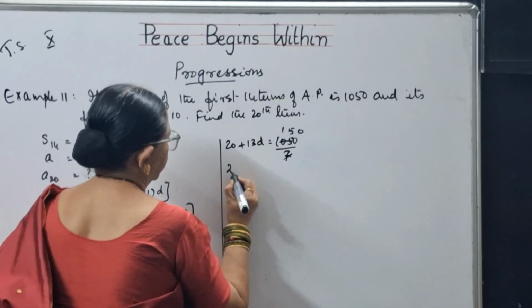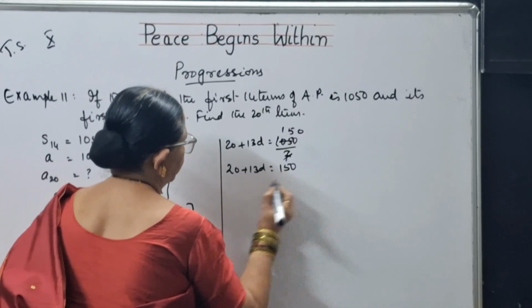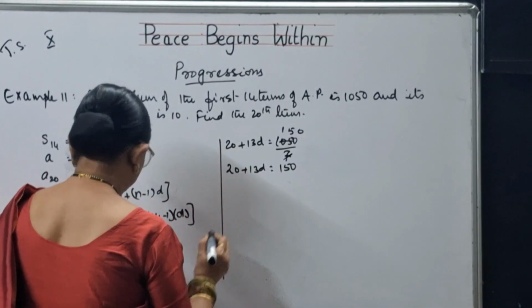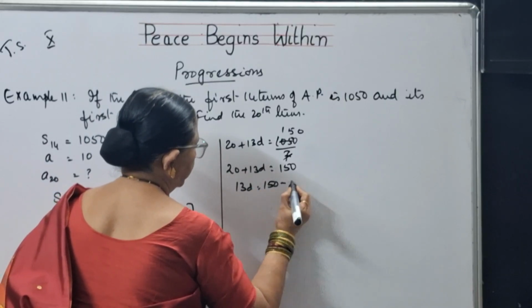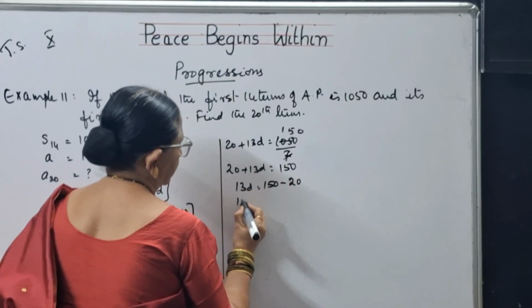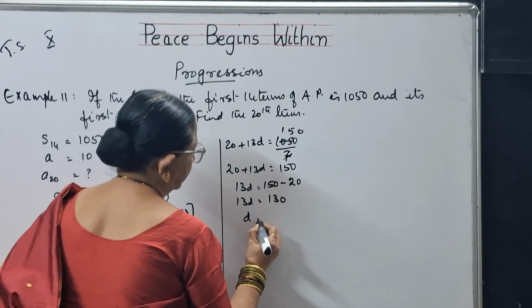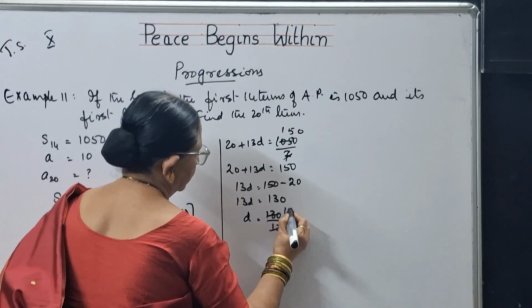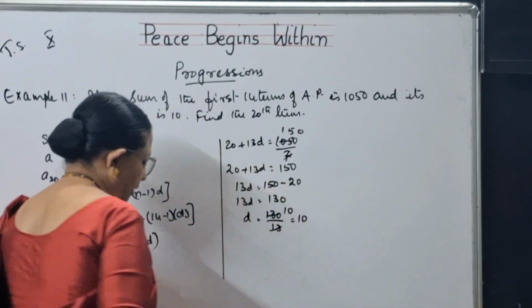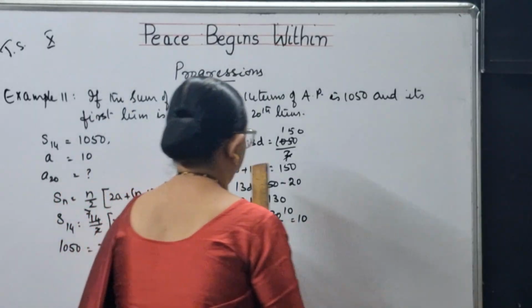So 20 plus 13d is equal to 150. So 13d is equal to 150 minus 20. 13d is equal to 130. So what is d? 130 by 13, 10. d is 10. So you have got the a and d values.